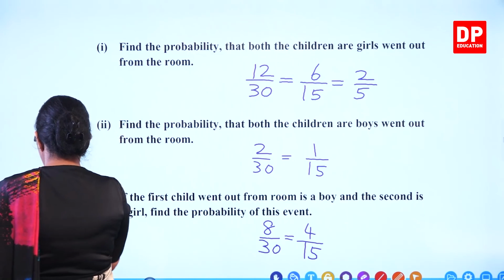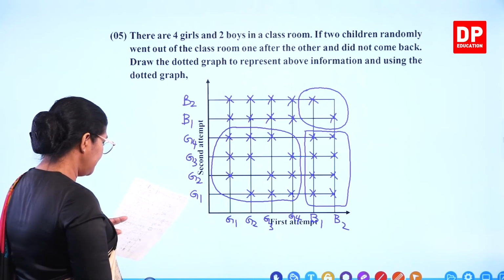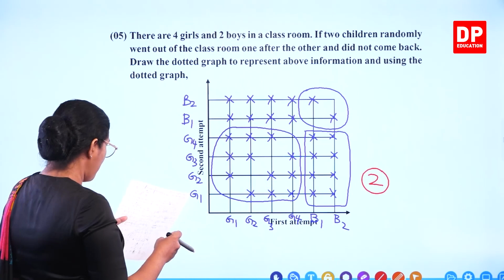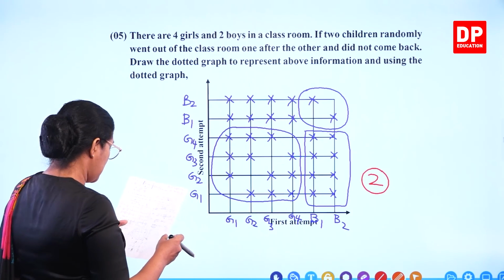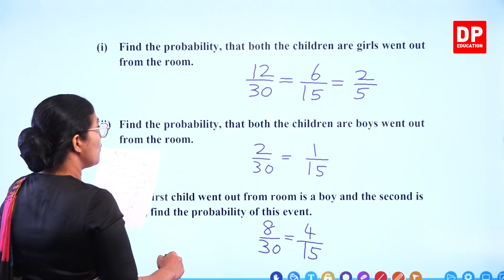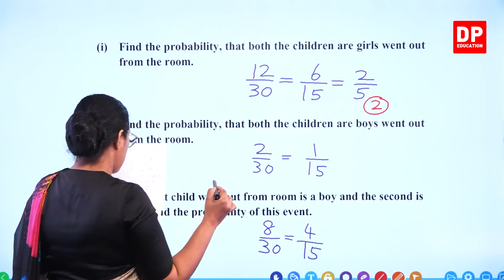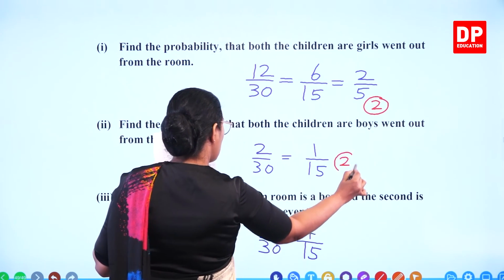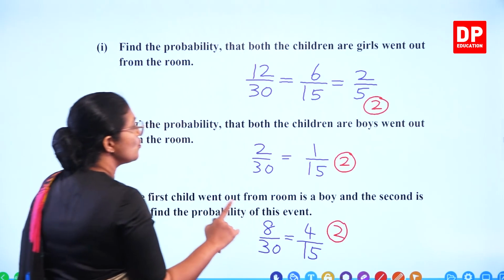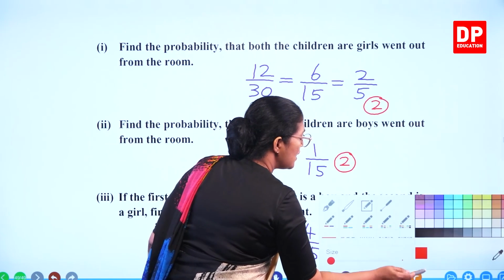Let's give marks for each part. So for the diagram, you are getting 2 marks. And then you are getting next one, 12 over 30, that's 2 marks. And the next one, 2 marks, 1 over 15 and 2 marks here. So we have given 2, 3, 4, 5, 6, 7, 8. So 2 marks for the last part.